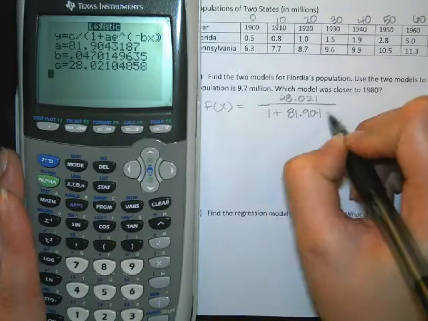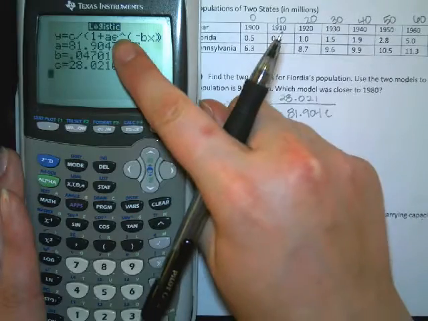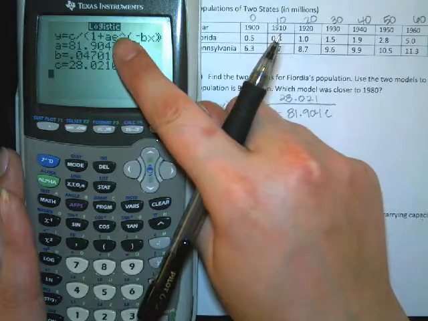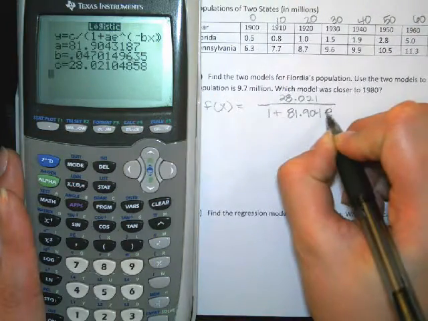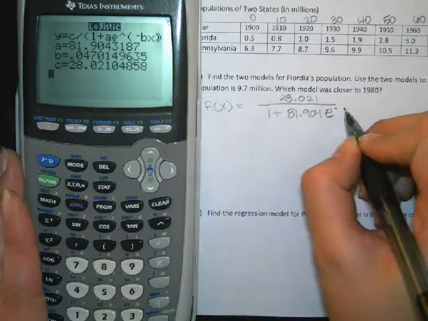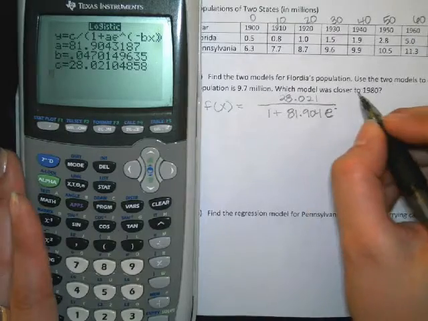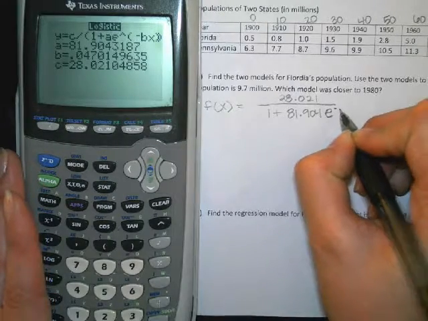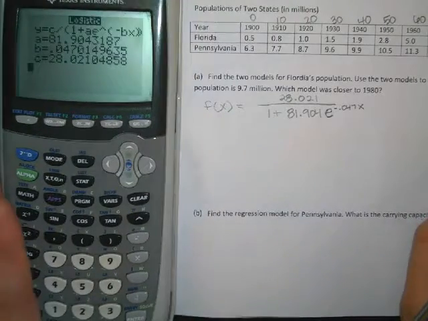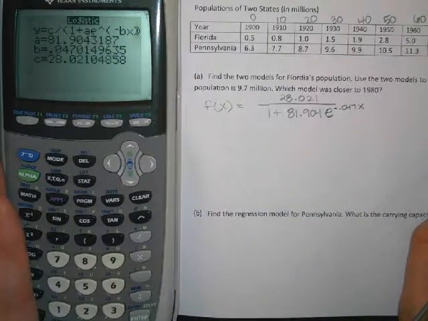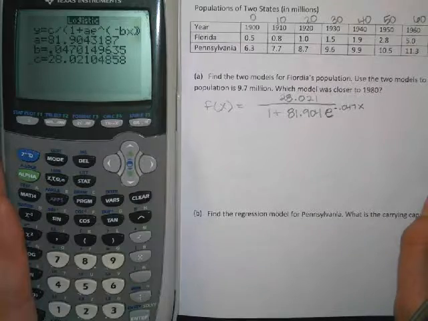Okay. Then it says e, and this little raised part is showing us it's an exponent. And then it says negative b, so we put a little negative sign. What do we put for b with 3 decimal places? 0.047x. So there is the logistic regression line that fits our data.